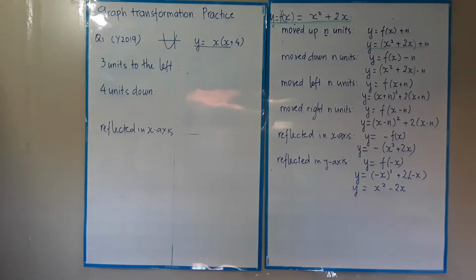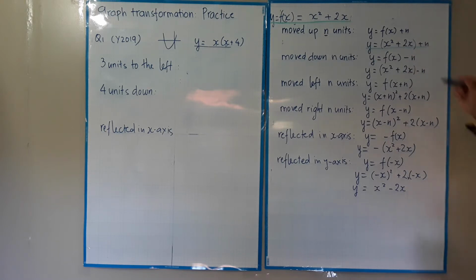If you have the function y equals f(x) equals x squared plus 2x, for example, when it is moved up n units, you have to add n to the right side of the equation, which gives y equals x squared plus 2x plus n.